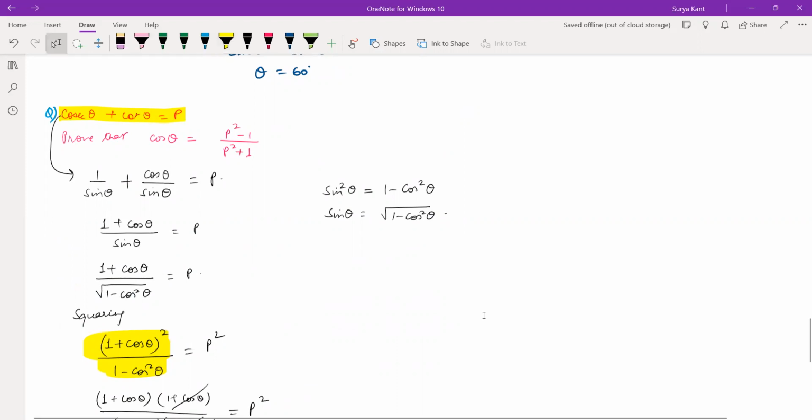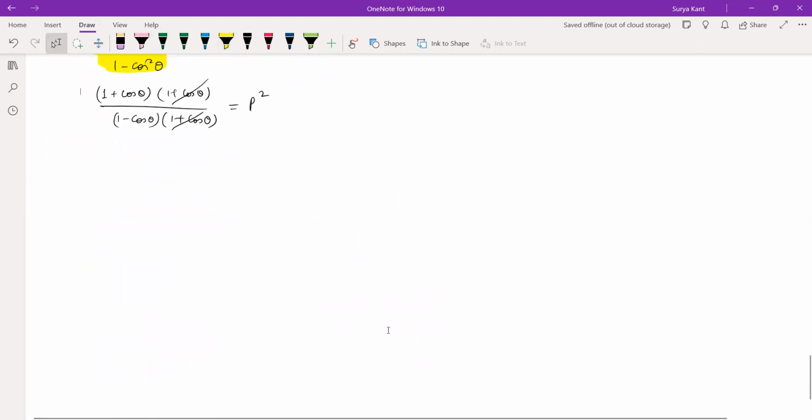So here, what we can do in the last over here, 1 plus cos theta by 1 minus cos theta. So what if we substitute the value of P square?